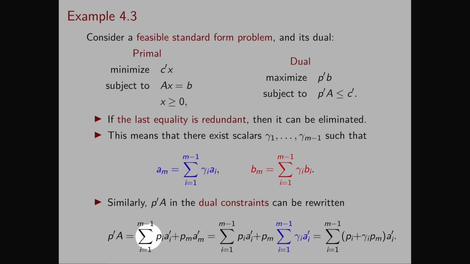So this is equal to the sum for i that goes from 1 to m-1 of pi Ai transposed plus pm Am transposed. Once again, we can replace this Am with the sum that we derived earlier on. Once we have done that, we can write p transpose A as the sum for i that goes from 1 to m-1 of (pi plus gamma i pm) Ai transposed.